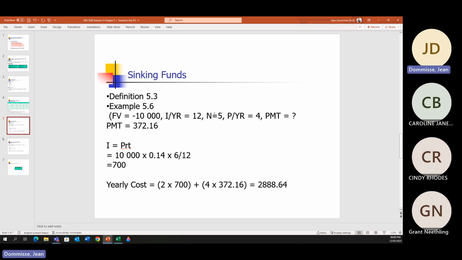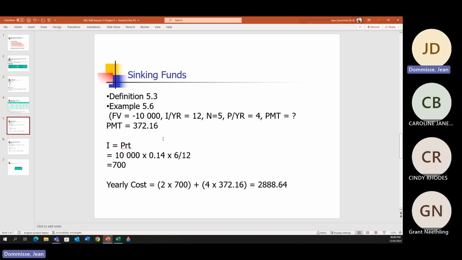And then, like how we looked at servicing cost, you would then say, but what is the total cost when we look at the sinking fund?